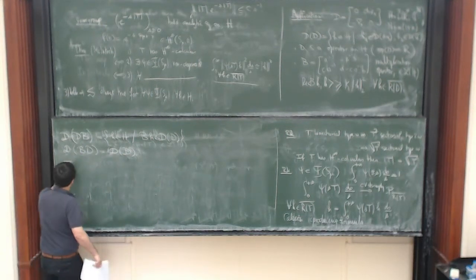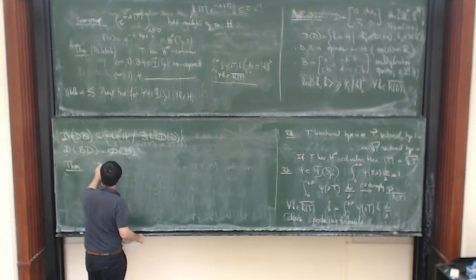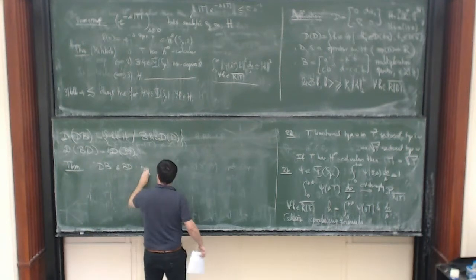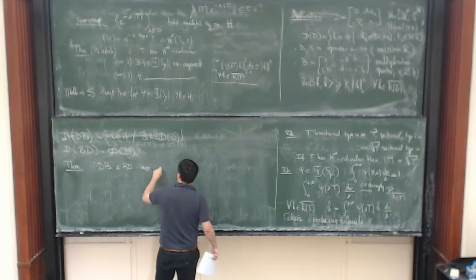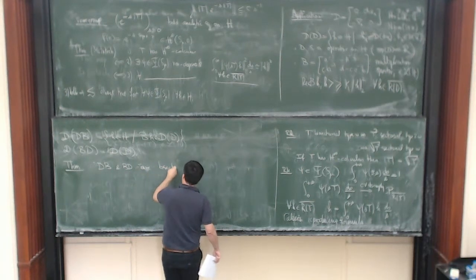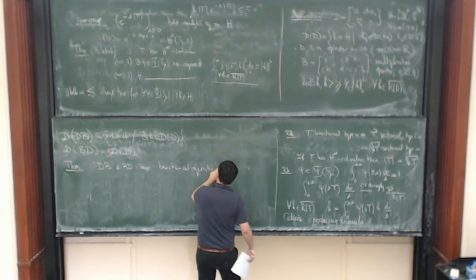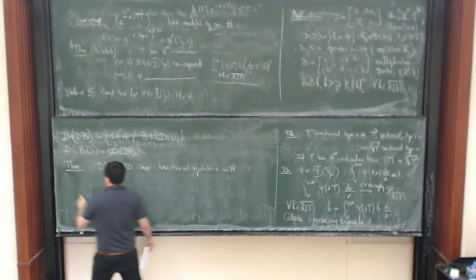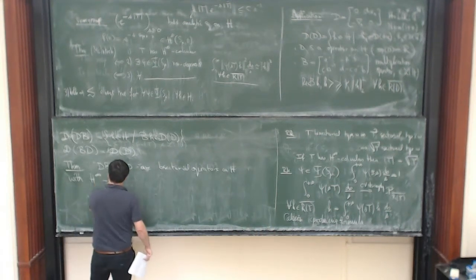And then the main theorem here is that dB and Bd are bisectorial operators on H with H infinity calculus.